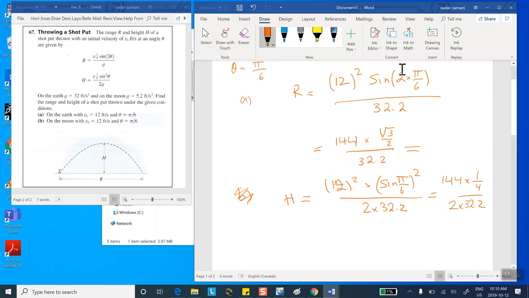So for the range, I get 3.87 feet. I don't know why I put down 32.2. It should have been 32, but that's fine.